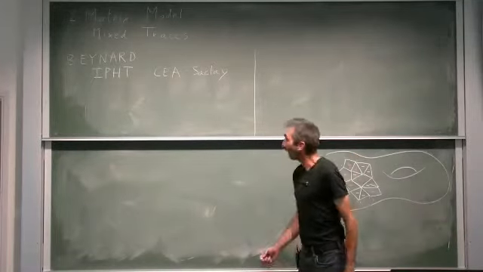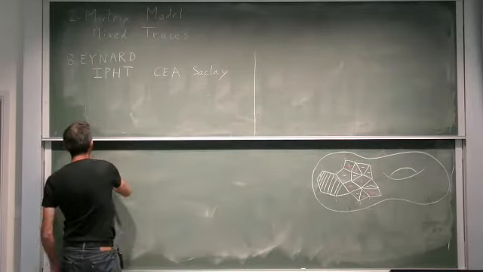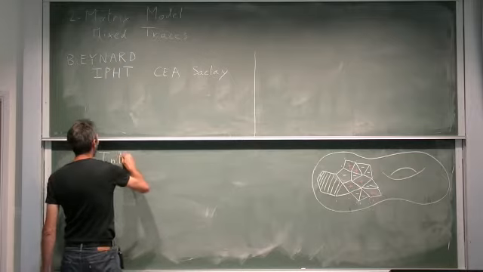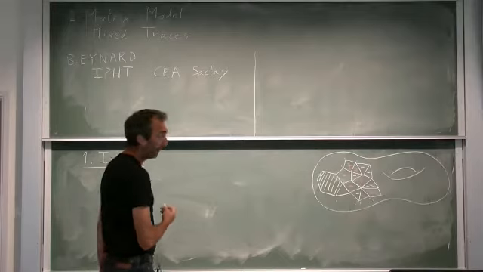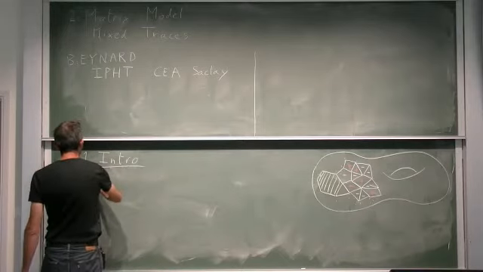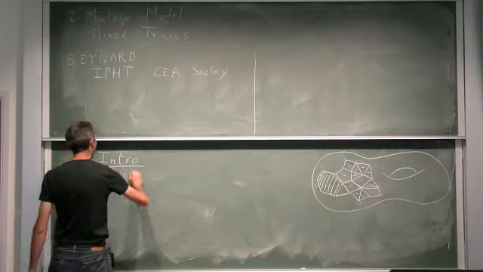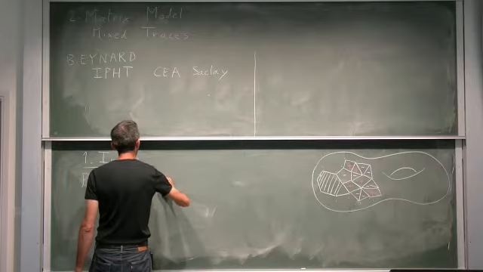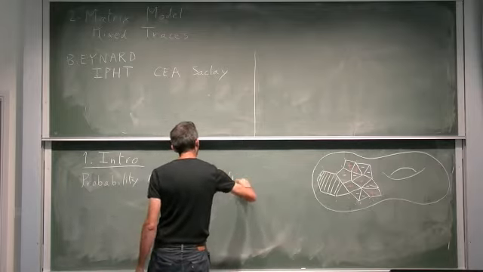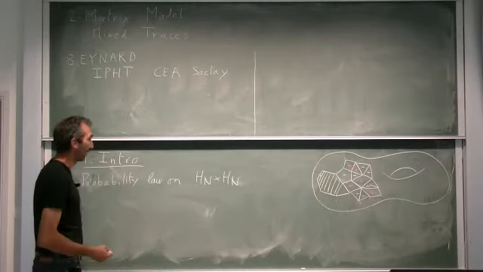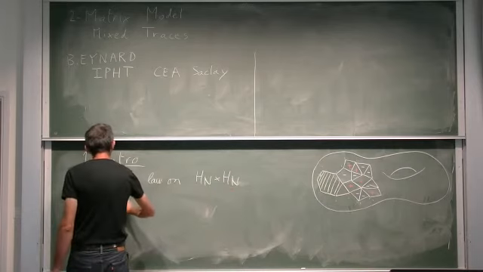Right. So first, let me introduce the two matrix model. I consider the probability law on Hn cross Hn, so basically we'll have two Hermitian matrices that I will call M1 and M2.